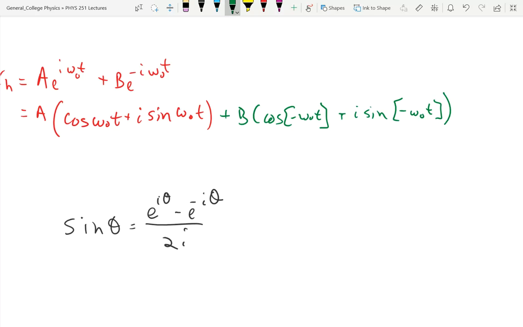Okay, so there I use Euler's formula. What can you tell me about cosine of minus omega 0t? This would go back to last year in your first days of trigonometry class. How does cosine of negative theta relate to cosine of positive theta?